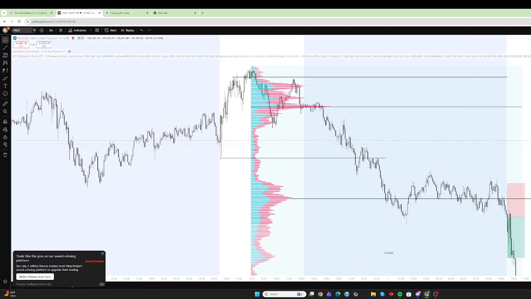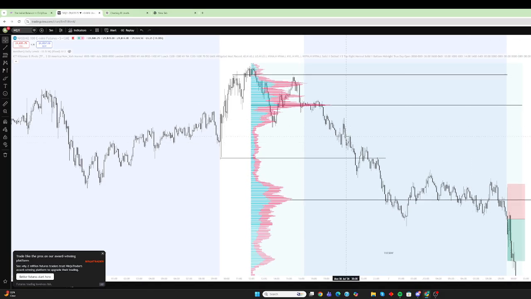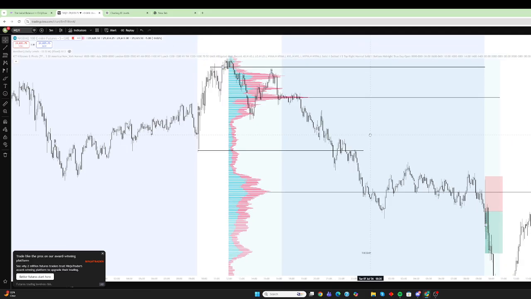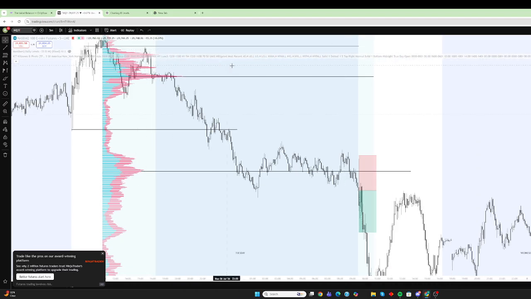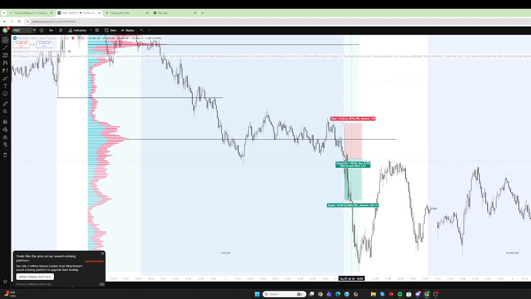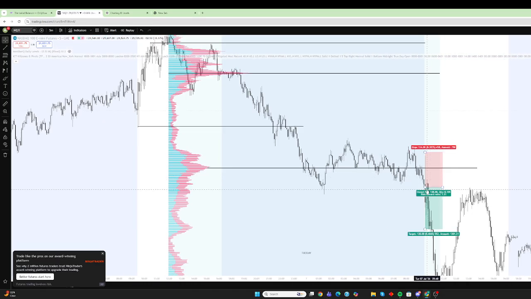Ignore this volume profile. But what you can see here is that market open. Let's turn on my indicator for this. This is so annoying. Okay, my indicator just doesn't go this far. Anyways, market open is right here.